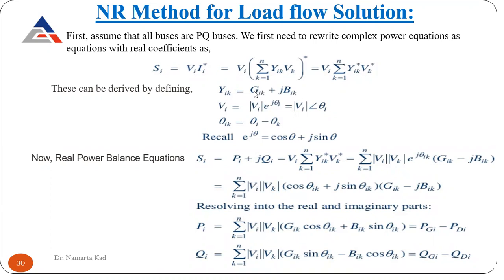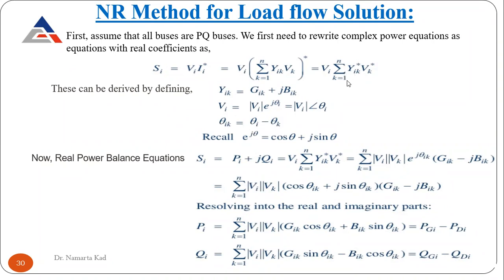What is G? G is the reciprocal of resistance. What is B? B is the reciprocal of reactance, X. And V can be written in this form also, V_i angle theta_i. So the net angle theta_ik that is included here comes out to be theta_i minus theta_k. So this angle is for the voltage.